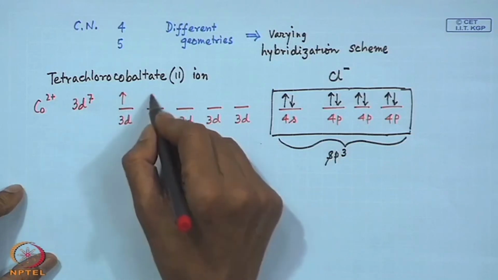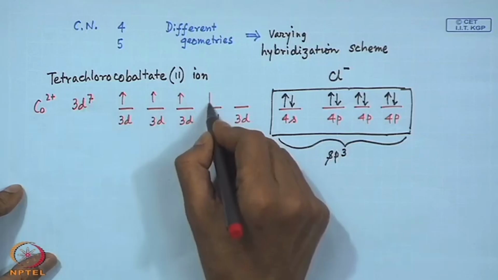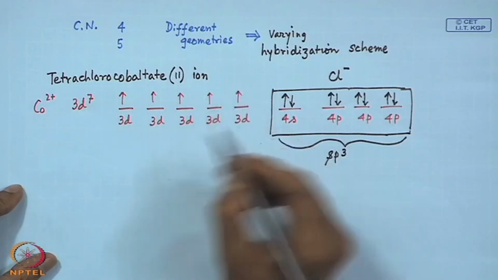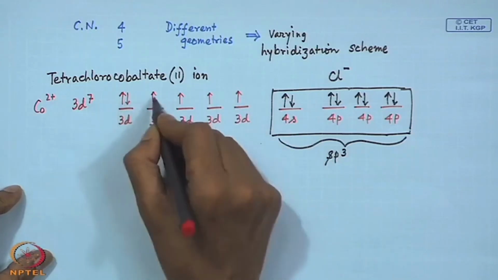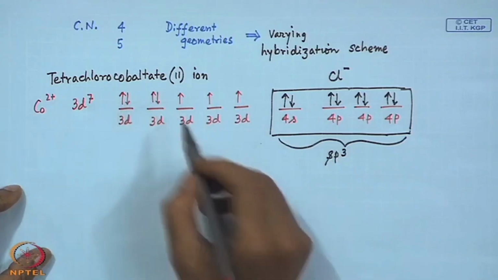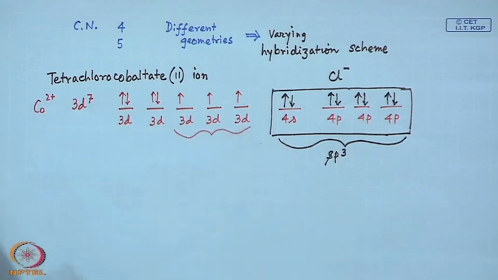So these 7 electrons, each one is occupying 1 first, then the pairing. So we have 3 unpaired electrons, which is same as that of the corresponding free ion value.